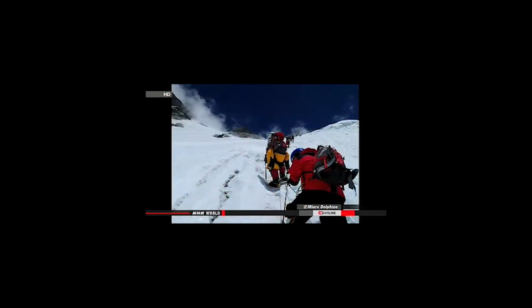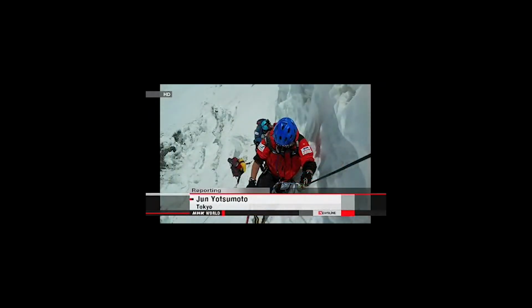Japanese adventurer Yuichiro Miura has reached the top of Mount Everest at the age of 80. He is the oldest person to climb the world's highest peak. In Nepal on May 16th. He climbed several difficult sections. These included the ice wall at the head of a crumbling glacier and the icy wall of the Lhotse face. On Thursday, Miura set out from a camp at an altitude of 8,500 meters for the final stretch.